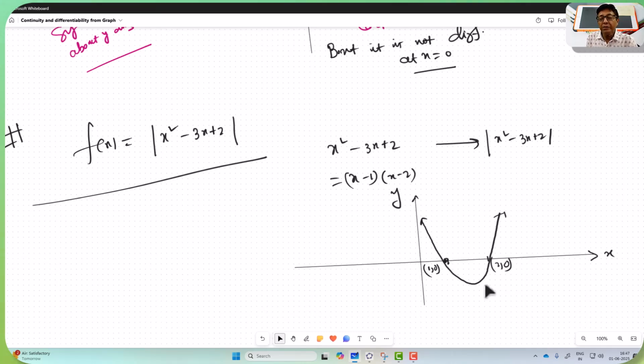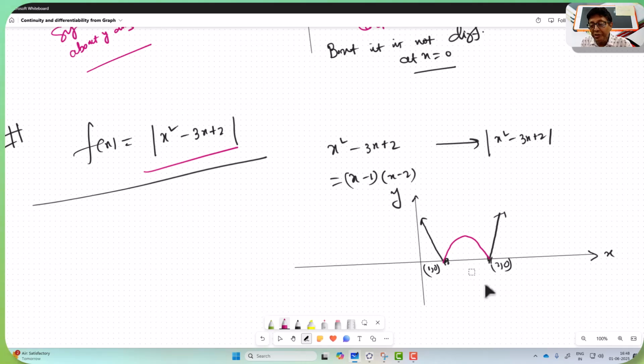You can see that this is x square minus 3x plus 2. This function is continuous everywhere. And when you plot the graph of mod of x square minus 3x plus 2, we have to remove the lower part and then take the mirror image about the x-axis. You draw this part first, no problem, then you remove this portion.